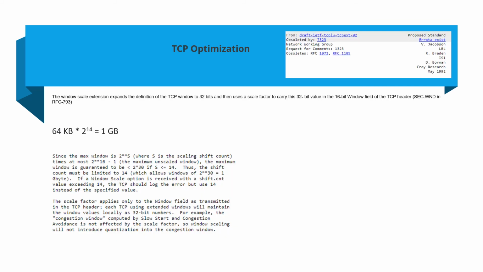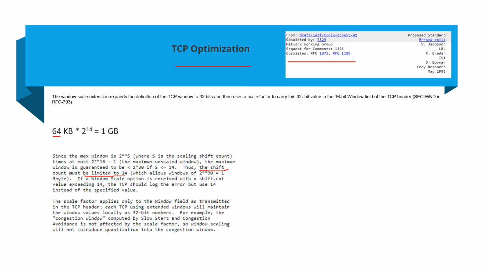The modification we talked about is window scaling. You can read this RFC, and it gives you the flexibility to add more bits, so this window size can be increased. If you read it, you will come to know there is something called the shift count, and the shift count is limited to 14. So my calculation of 1 gig comes from there.